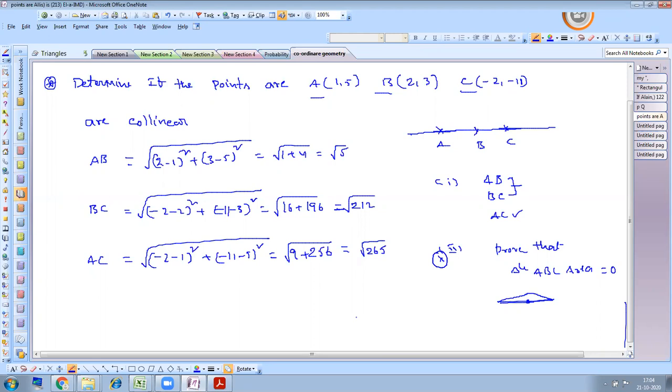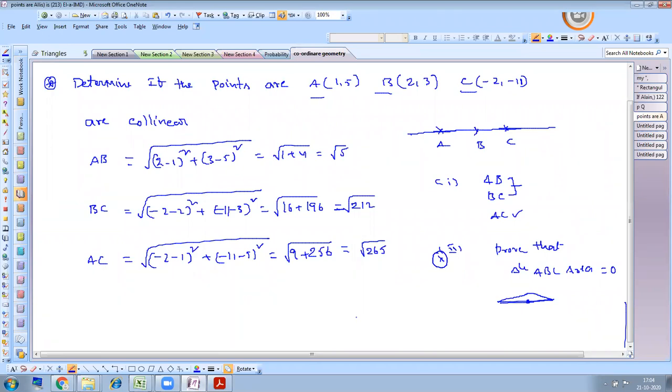What is the approximate value of root of 265? 16 square is 256, correct? And 17 square is 289.